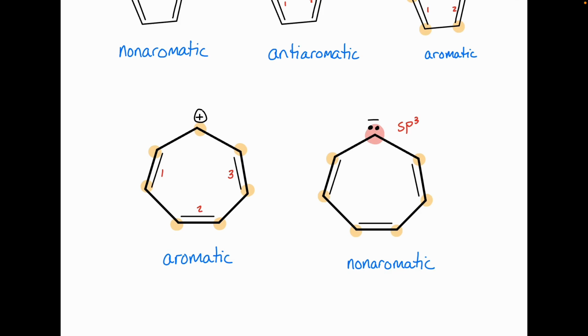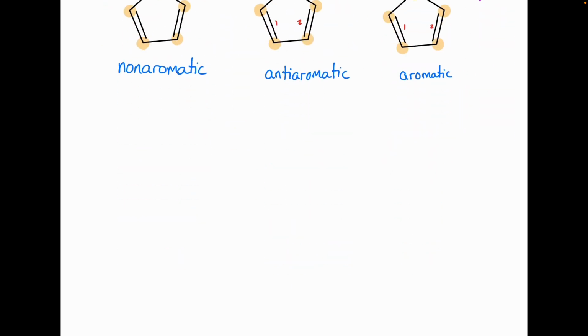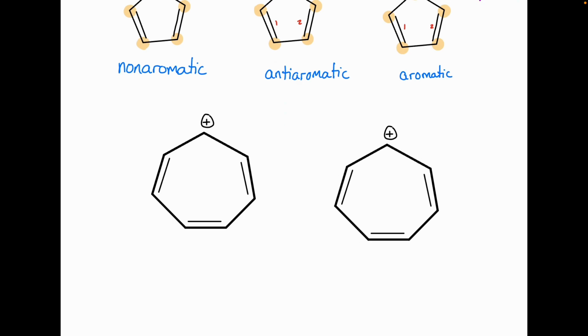These are really hard to draw, so I'm just going to copy and paste. All right, so now we're going to do the same thing, but with a 7-membered ring. We're going to compare the carbocation to the carbanion.